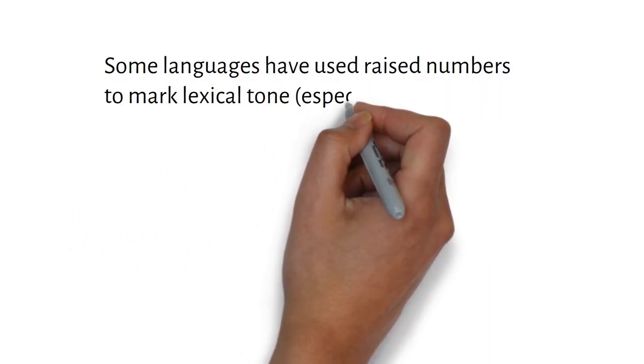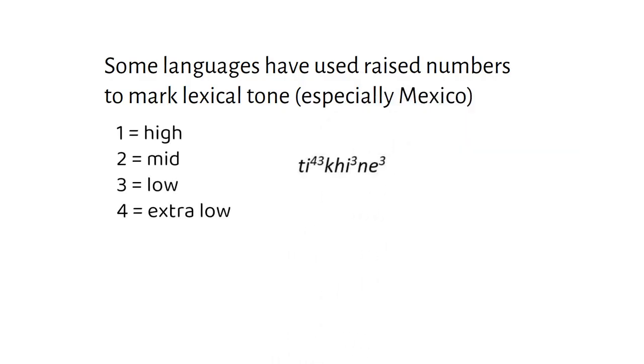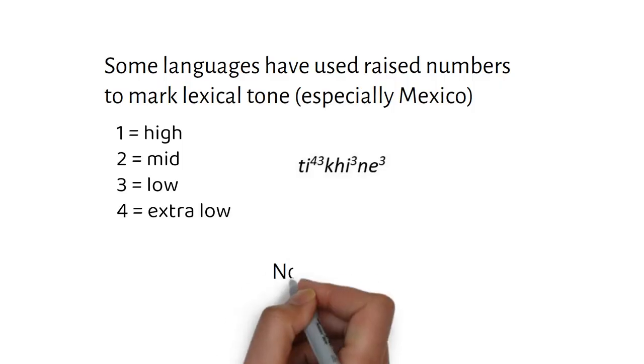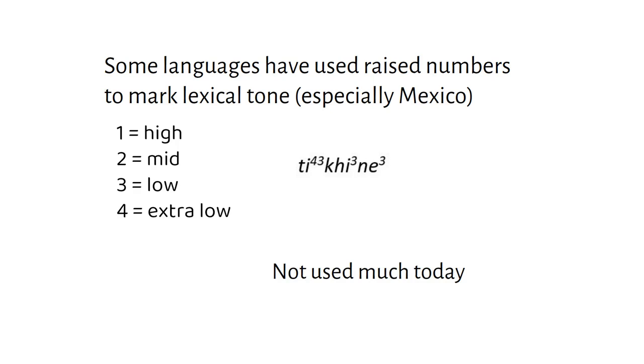Some languages, especially in Mexico, have used raised numbers to indicate tone, with two numbers indicating a rise or fall. This can work, but these are not used very much anymore and are not recommended now. There are other possibilities, but these are the most common methods.